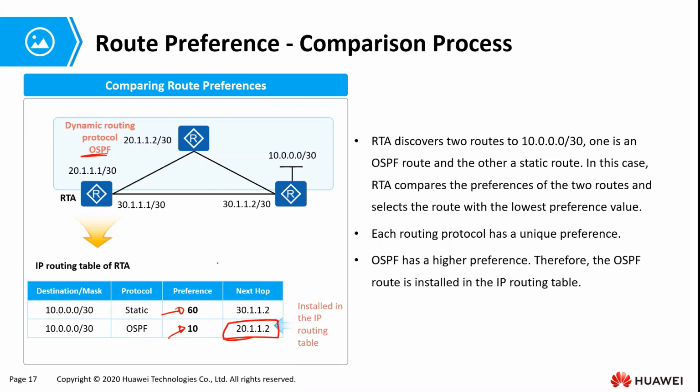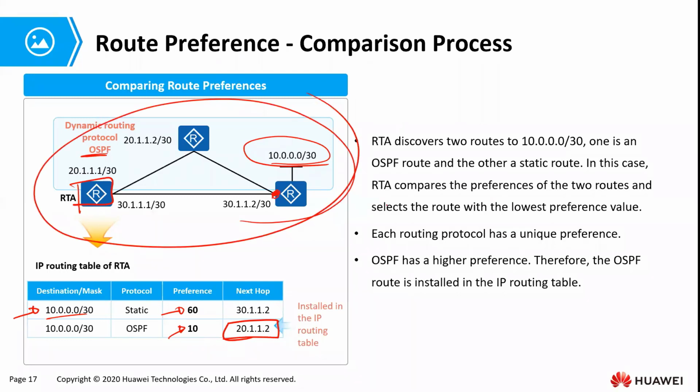In other words, someone got into this router here and entered a static route. Said if you want to reach the 10.0.0.0 network /30, send to 30.0.1.1.2. And then someone configured OSPF in here. Now OSPF looked at its stuff. There is a way it works, we shall see.